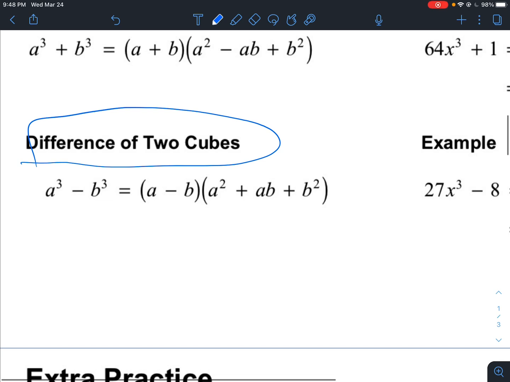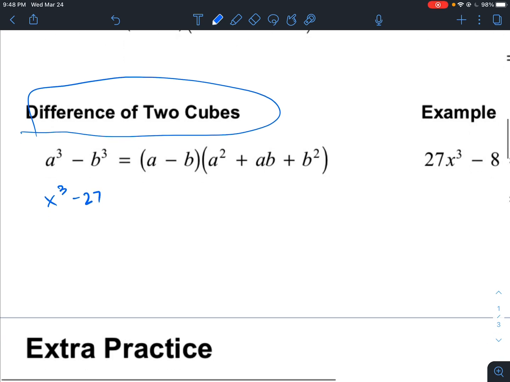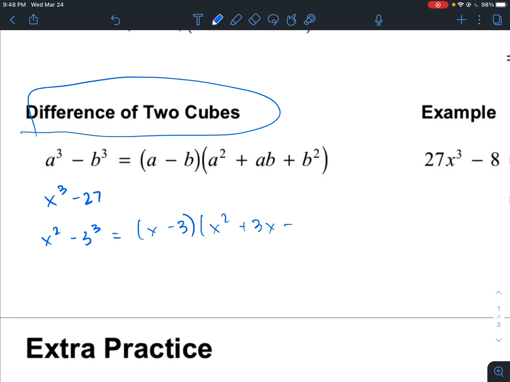So our expression was x cubed minus 27, and 27 is the same thing as 3 cubed. So then if I were to use this, I would get x minus 3 times by x squared plus 3x plus 3 squared, which would be 9.